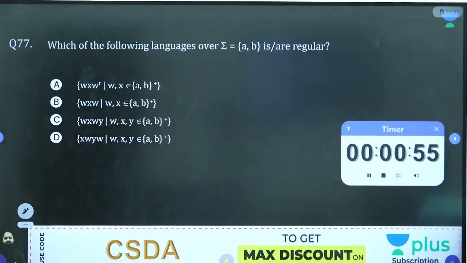You can predict this kind of question. If you want to practice more, here the following are regular.